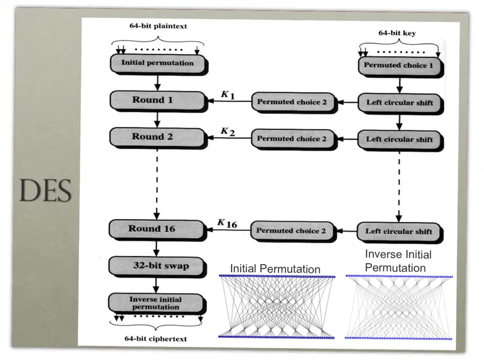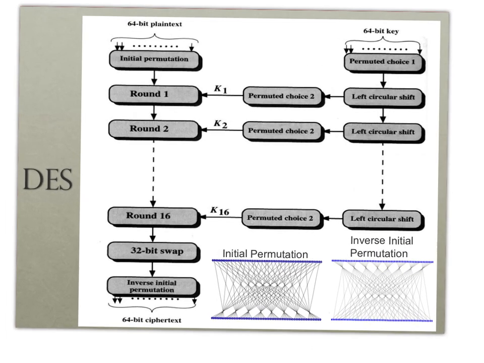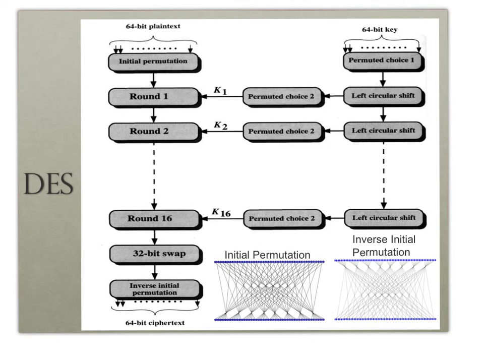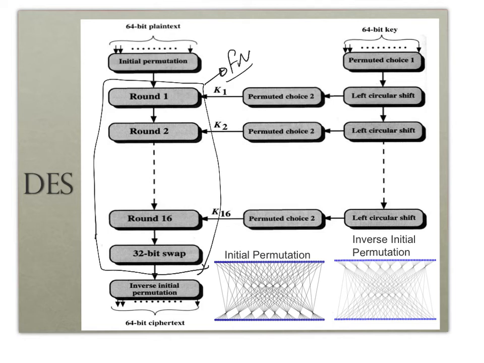So this is the structure of DES, and again, it looks complicated, but when you break it down, it's very simple. In the middle here, we have the 16 rounds. So this is the Feistel network, as is, okay?